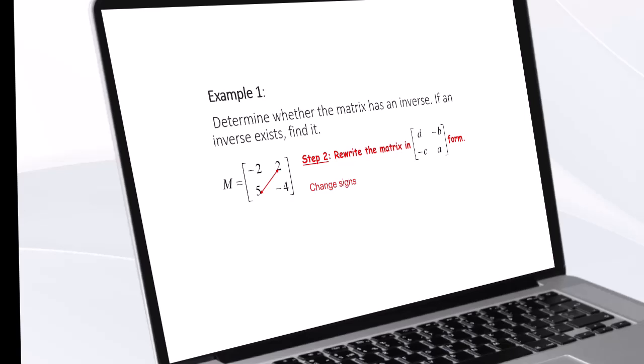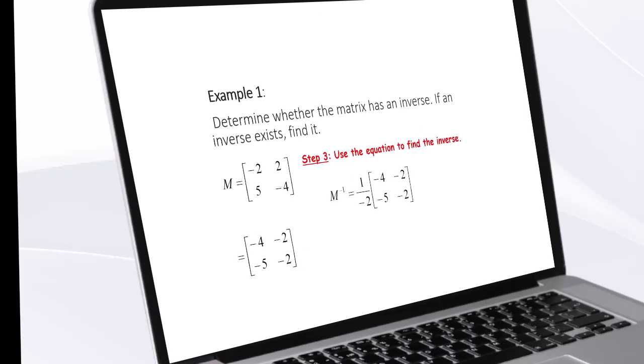So 2 becomes -2, 5 becomes -5. Then the elements in the other diagonal, -2 and -4, change positions. So -2 goes to where -4 is, and -4 goes to where -2 is.